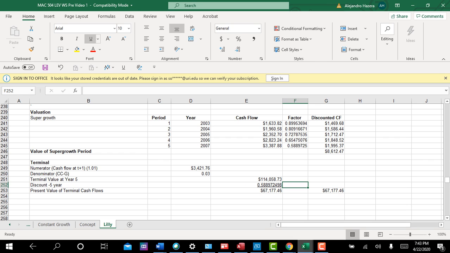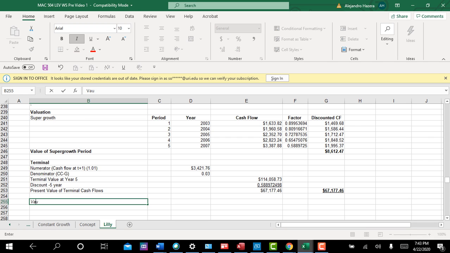Okay, so far we've got two values. We've got the value of our super growth period. We've got the value of our terminal value. Okay, and what I'm going to do is just as I usually do, I'm going to add them up. So this is the value of assets.